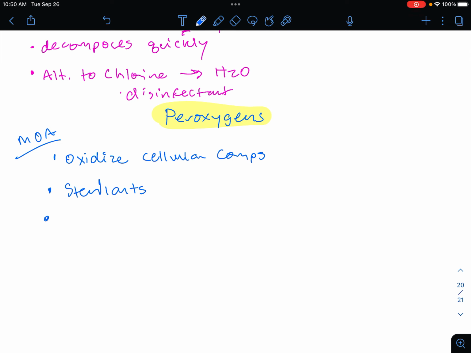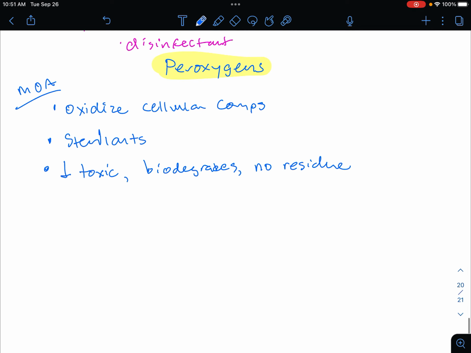And a fun thing about these: they're less toxic, they're biodegradable, and there's no residue. The main one we're going to be focusing on is, of course, H2O2, hydrogen peroxide.